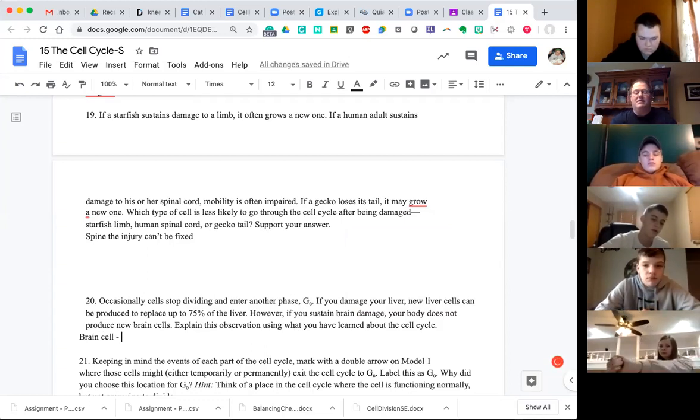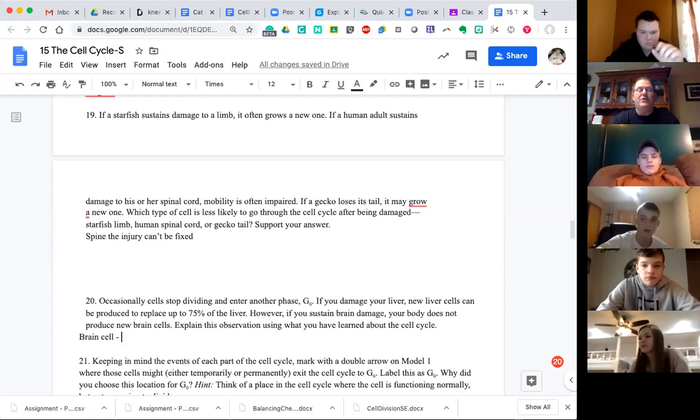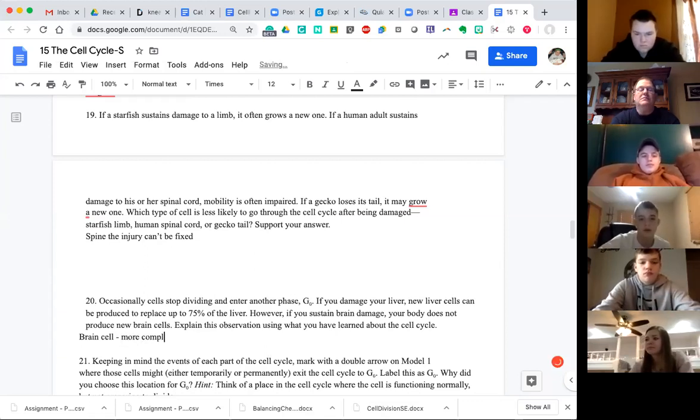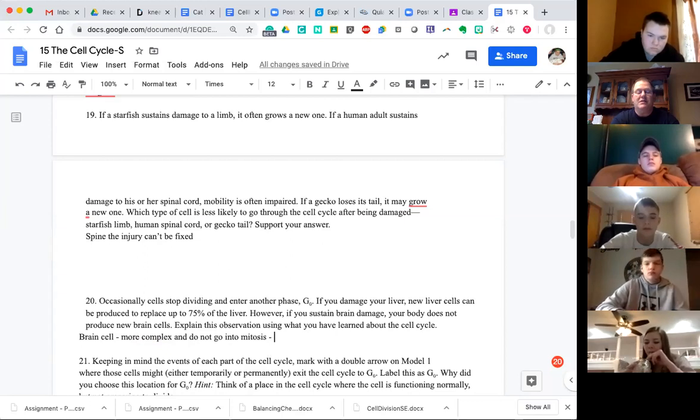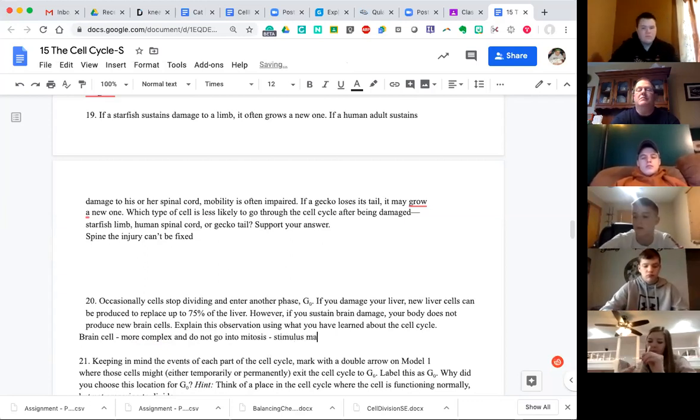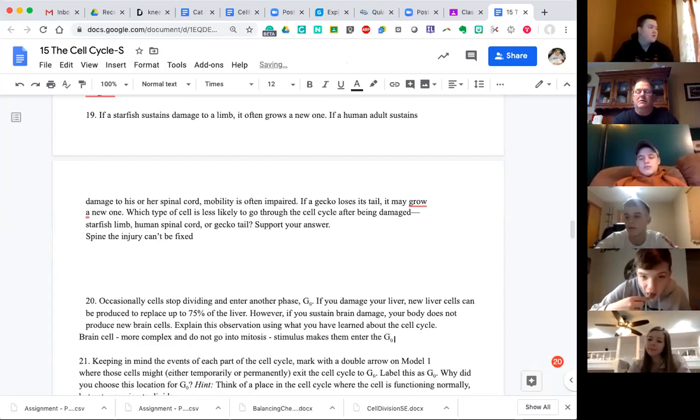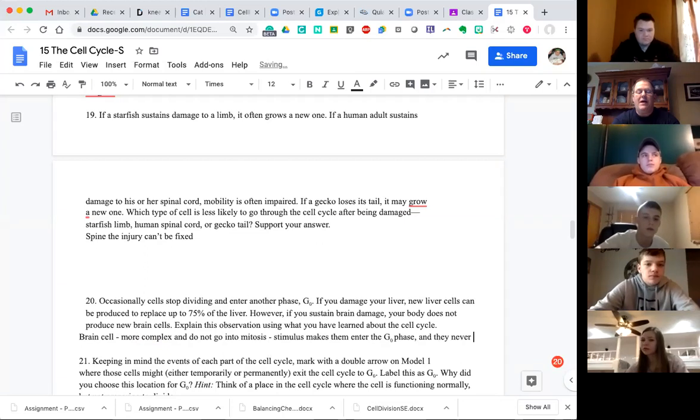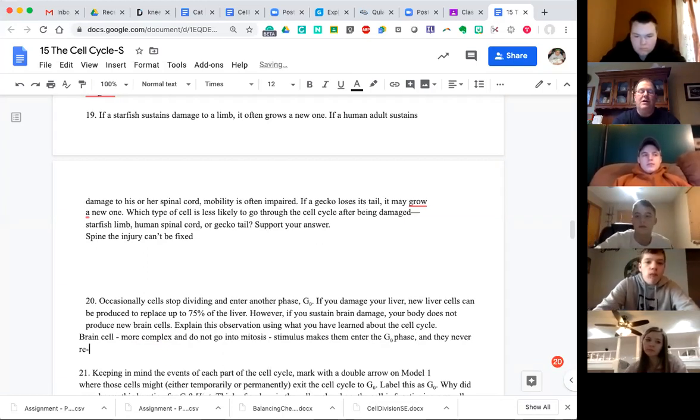Yeah, they are more complex, and they actually don't go through mitosis. There's a stimulus when brain cells are forming that make them enter the G0 phase, and they never go back into the cell cycle. Re-enter.